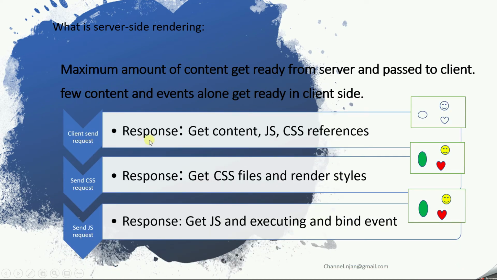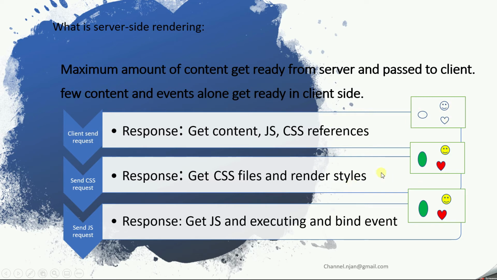The client sends the request, and we get the response. We get the entire content. Previously in client-side rendering we had the template, but here we get the content and JS and CSS references. The CSS and JS references are executed in parallel. So in the initial response itself you can see we get the content.